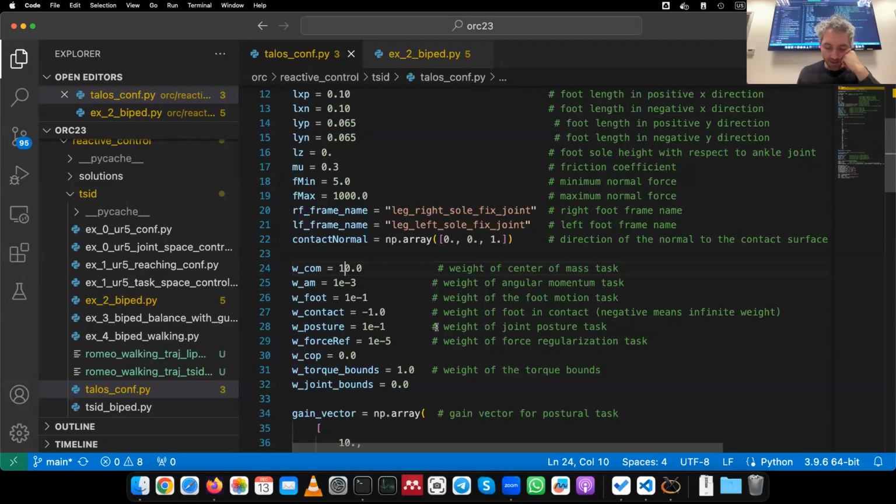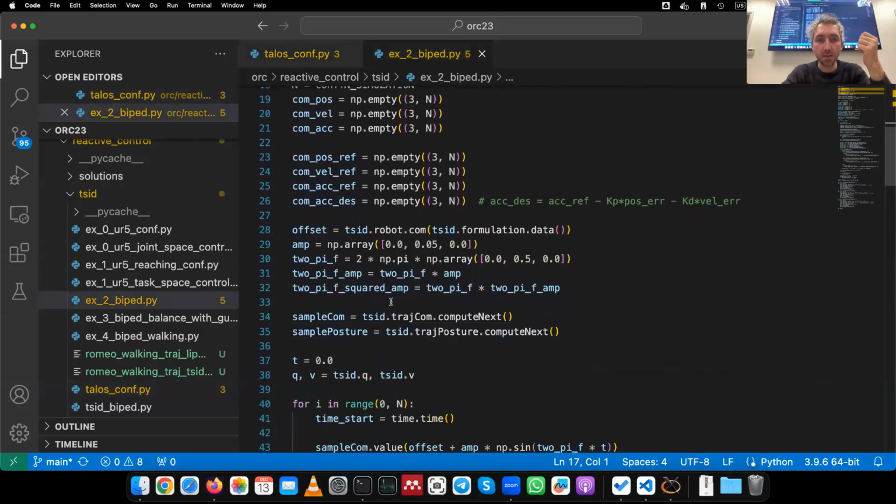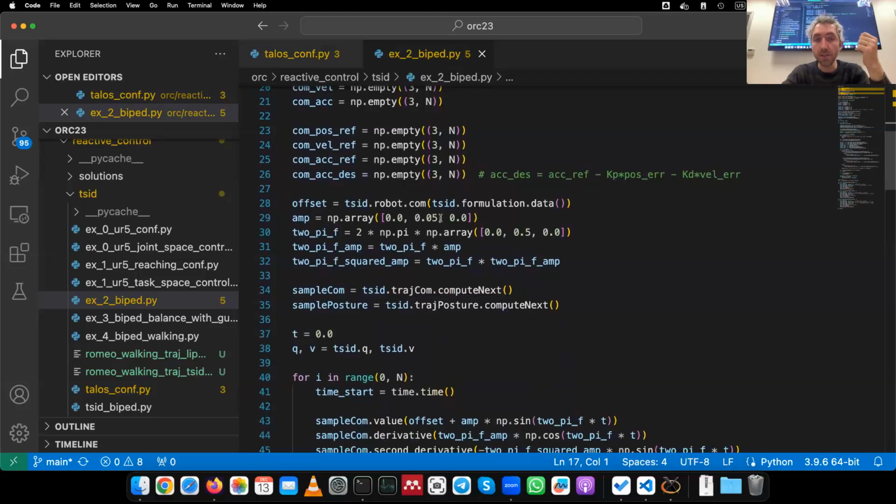Okay, so we can try another thing, which is increasing the amplitude of the sinusoid we are tracking. So that's defined here. Right now it is 5 centimeters. We can try to make it 20 centimeters and see what happens.